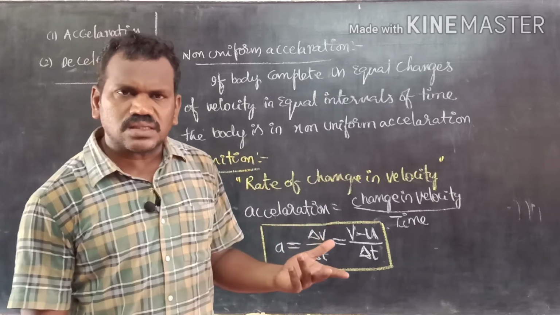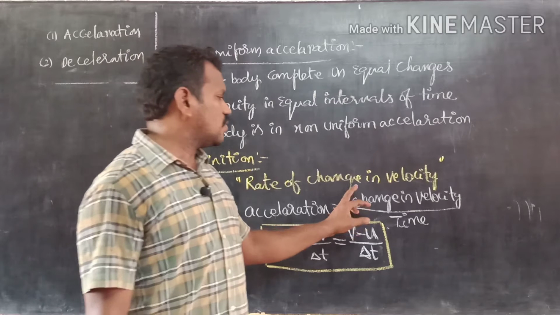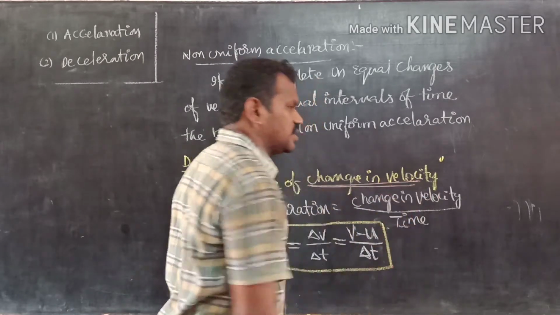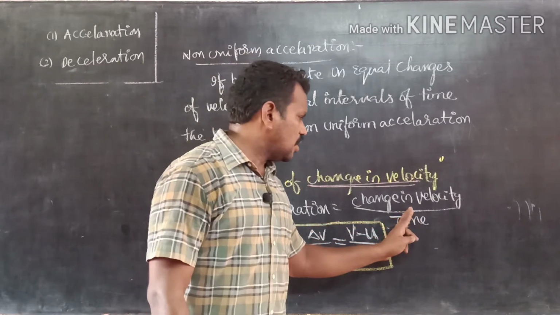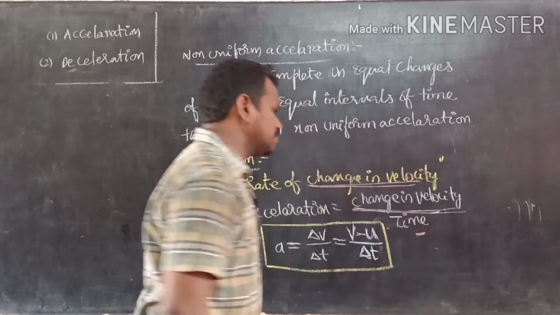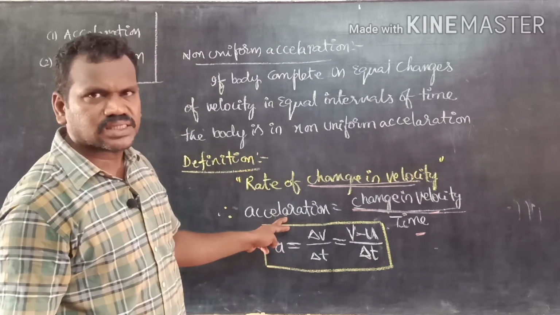Rate means comparing with respect to time. Here the physical quantity is change in velocity. We are taking the ratio of change in velocity with respect to time, and that is called acceleration.